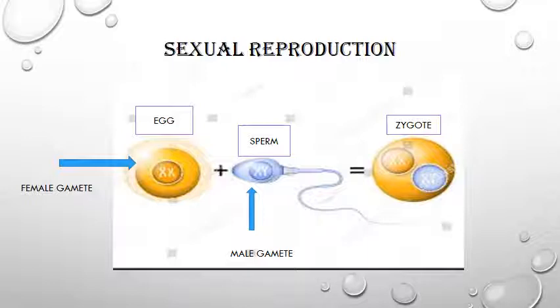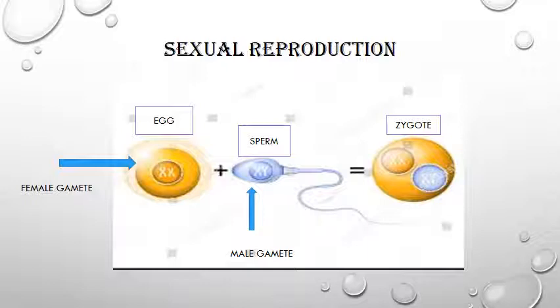Now in sexual reproduction, both the male parent and the female parent are involved in the process of reproduction to produce their young ones.